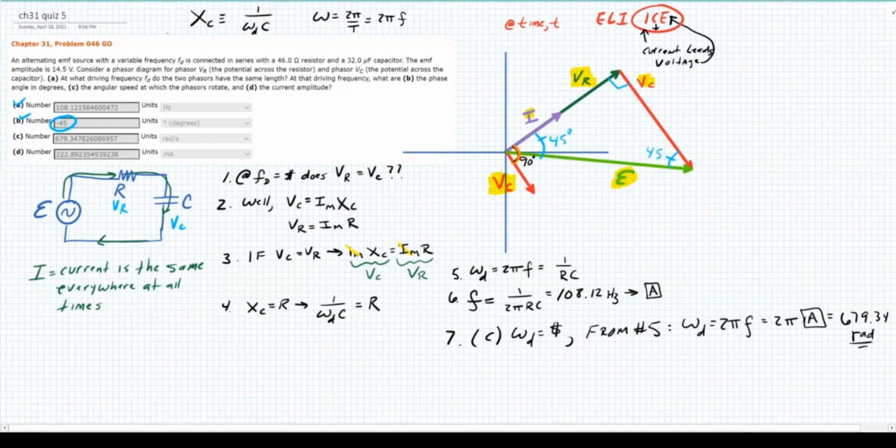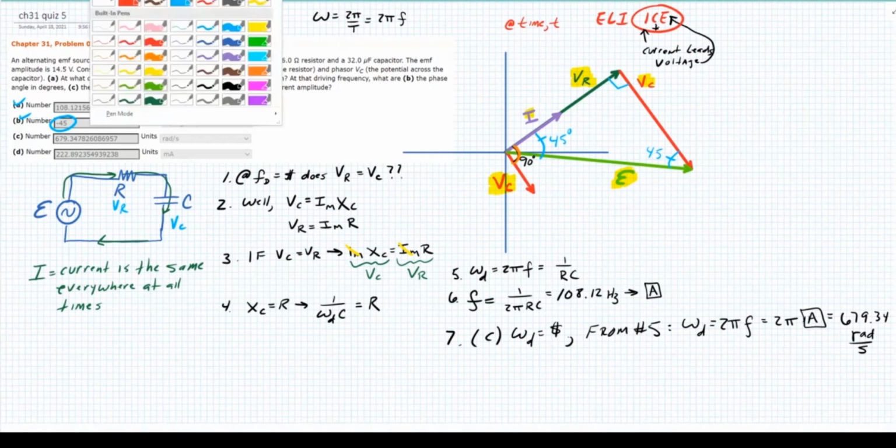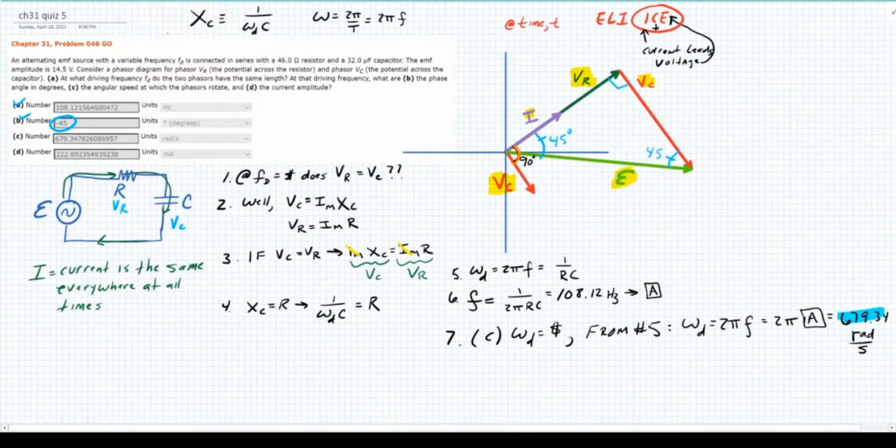So if you can provide a source voltage to this circuit at this exact angular frequency, you will have the voltage drop across the resistor right here perfectly match the voltage drop across the capacitor, which is right here, at this angular frequency, or similarly at this linear frequency.